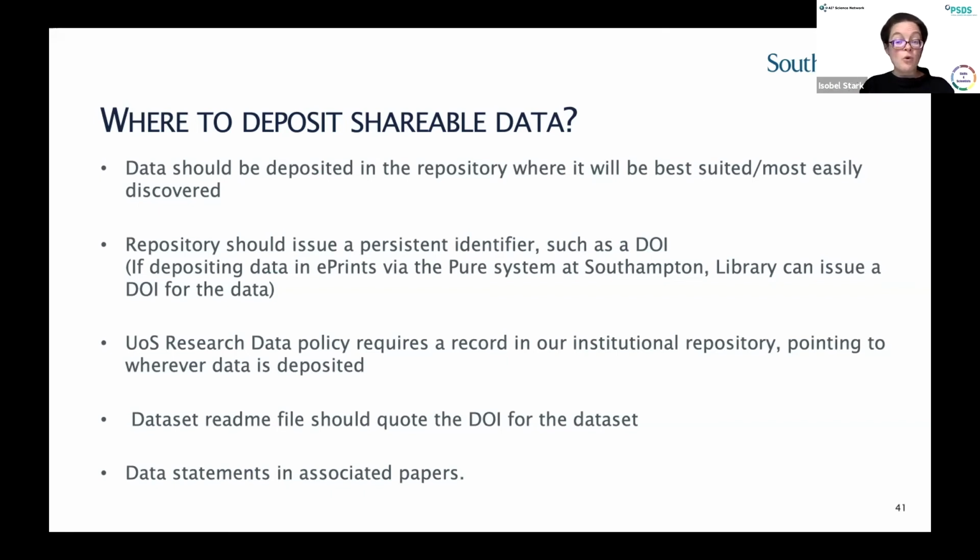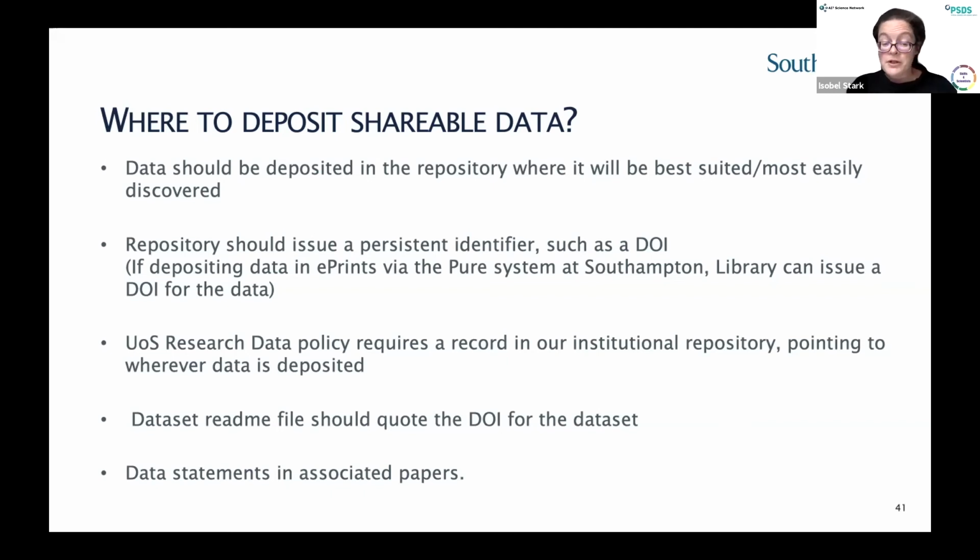They don't all exist yet. Even now, 5 years after the FAIR principles were released, we still don't have, in the UK, a nationwide network of disciplinary repositories, and we are still very much relying on institutions to pick up the slack.